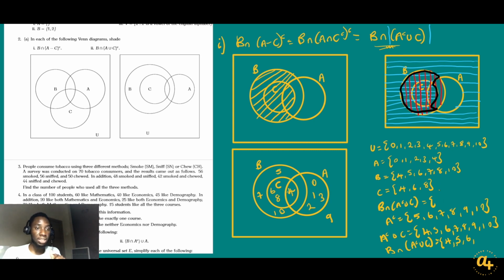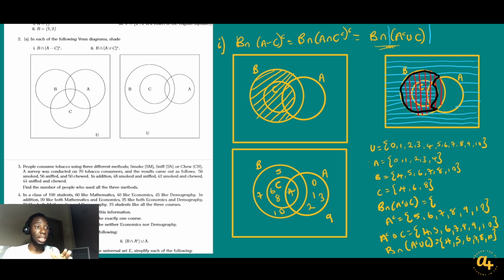How about 7? Yes, 7 is common in both sets. Is 8 common? Yes, 8 is also common. And is 10 common? 10 is definitely common. So this set is basically equal to the elements 4, 5, 6, 7, 8, 10.